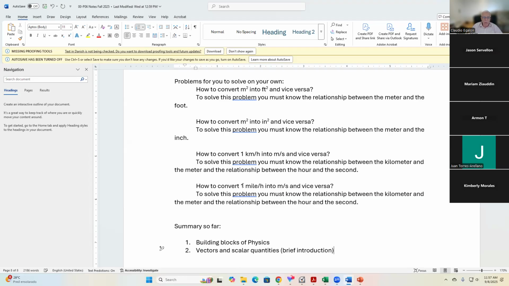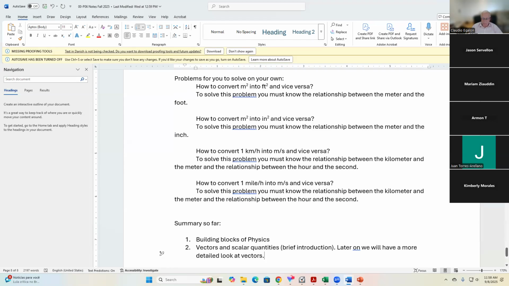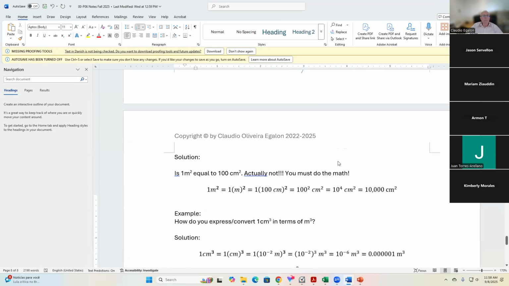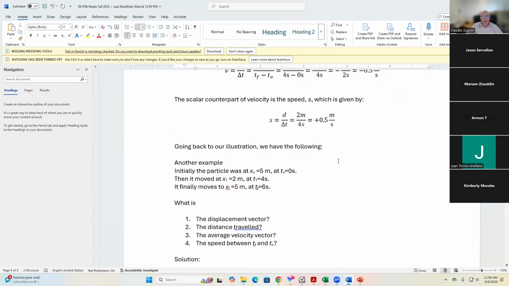Later on, we will look into more detail and have a more detailed look at vectors. So we talked a little bit about vectors. What else did we do?